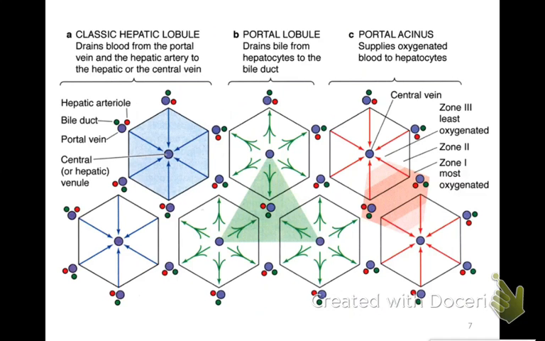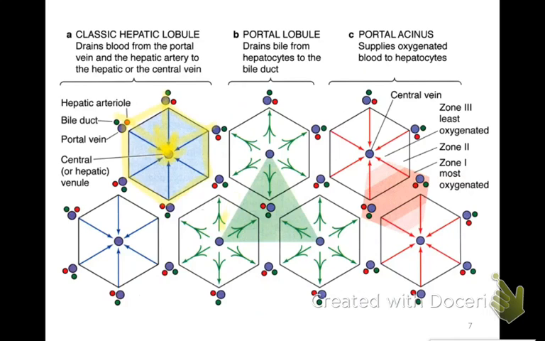Here's a better illustration of what these mean. I think this is somewhat confusing, so this is a really good explanation, but it just had kind of a lot of information on the page. Basically, we can see here that this is the classic lobule, a 6-sided lobule with the central hepatic venule in the middle, and all of the blood is going to be drained to the middle here.